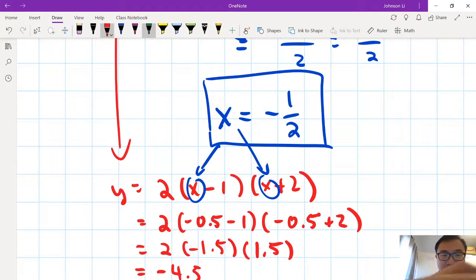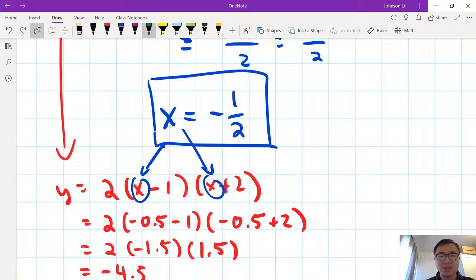Don't forget to multiply by this extra 2 at the end, because that does change your answer. So that means we have our two coordinates. Over here we have y is equal to negative 4.5 and x is equal to negative 1/2.